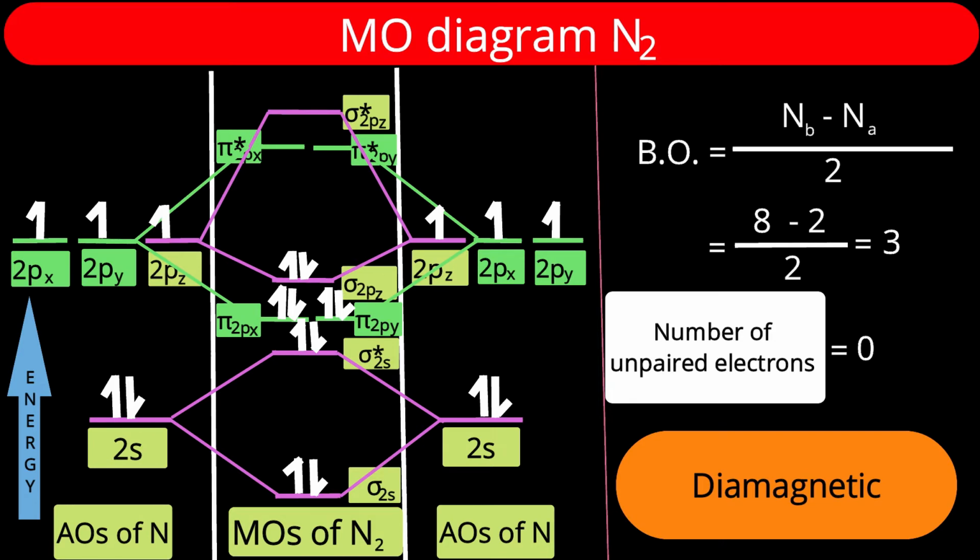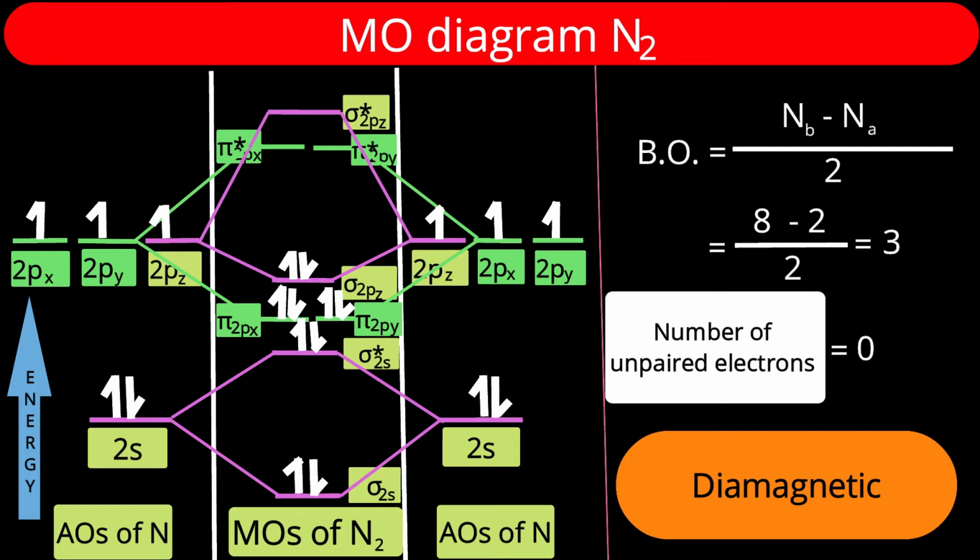Means pi 2px and pi 2py should be degenerate, of the same energy level. By the way, the increase in energy of pi star 2px and pi star 2py also should be the same. They should be degenerate. By green coloration, their formation is represented. The energy by which the bonding orbital decreases, by that much amount the antibonding pi orbital increases.